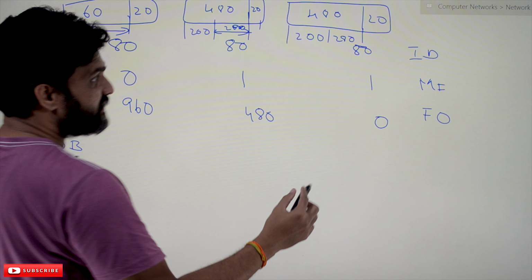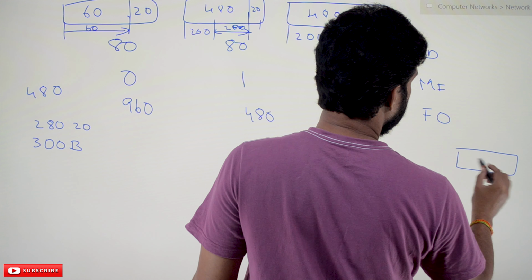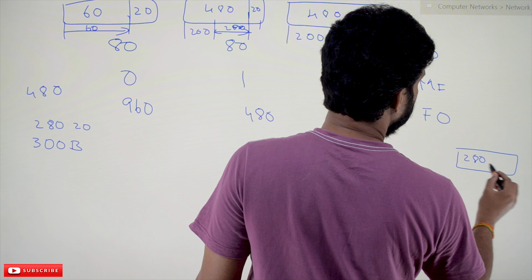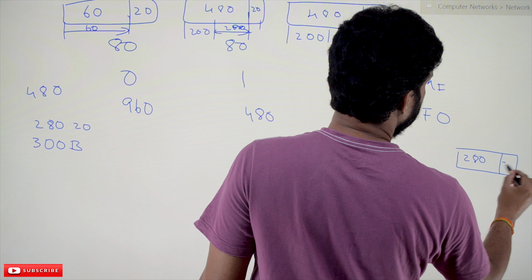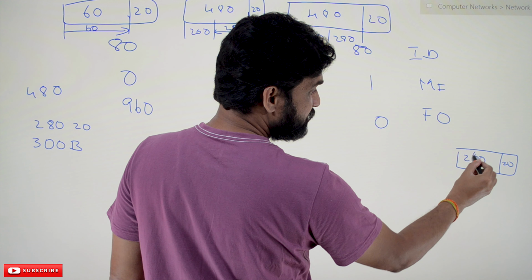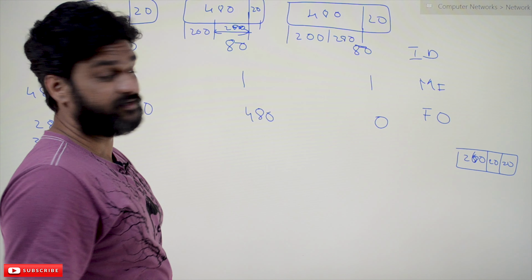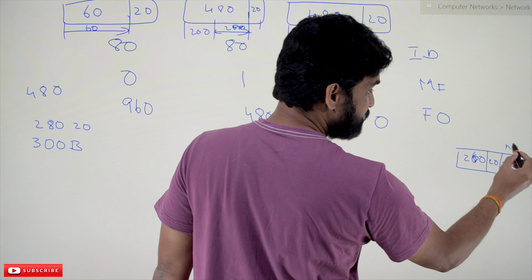So how many packets has the entire content been divided into? It is 280 and 20. Because this is the first one, 260 is the actual data, and this is the transport layer header, and to that the network header has been added.